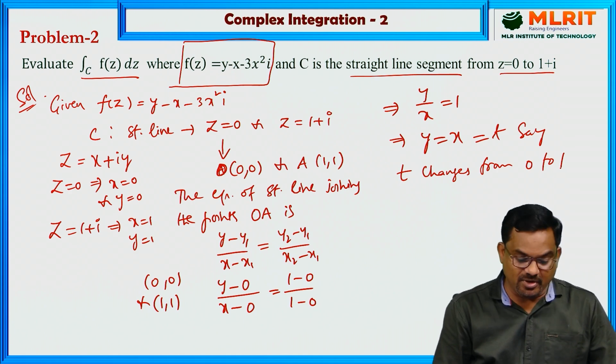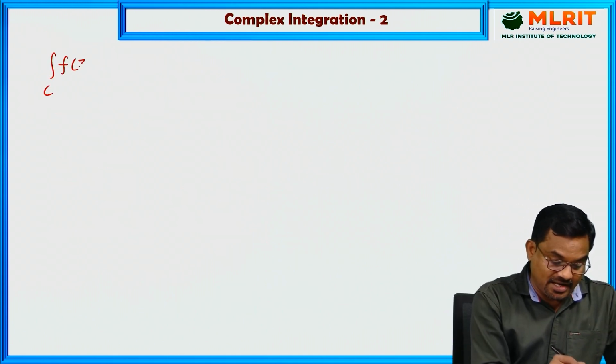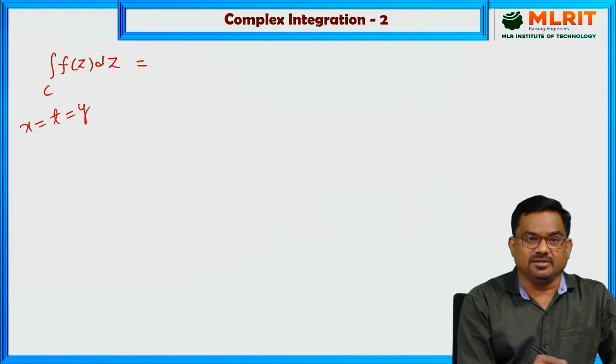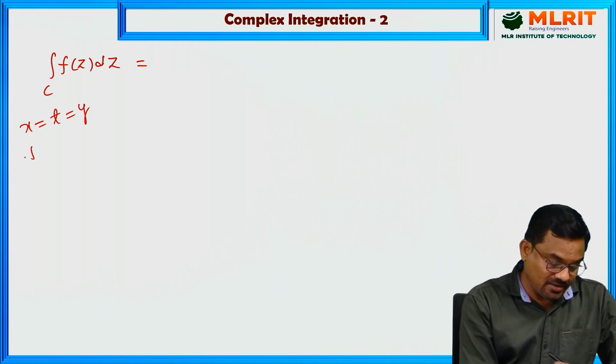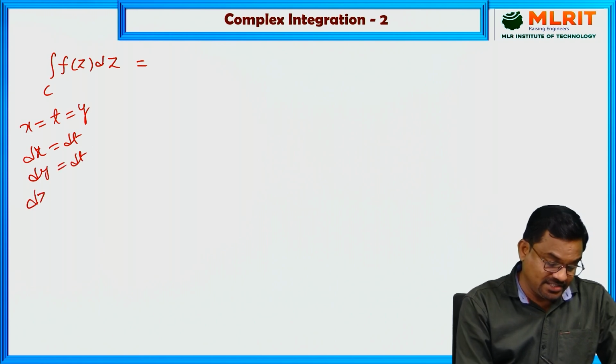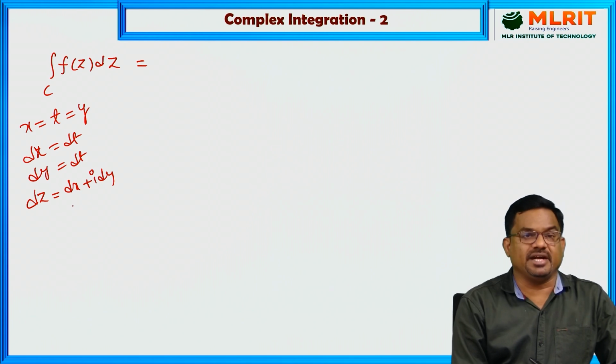So we need to evaluate the line integral. It is required to evaluate integral over C of f of z dz, and here x equal to y equal to t, and what is dx? dx by dt, dy by dt, and what is dz? dx plus i dy, since z is x plus iy.